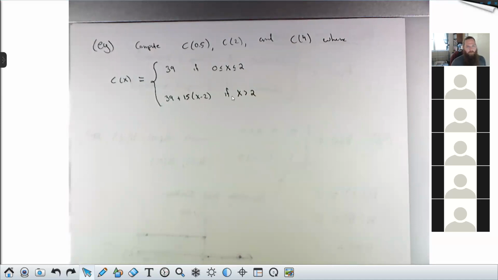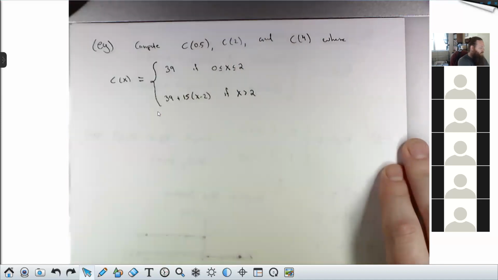Okay, so again, piecewise function. I've got the curly brace. I've got two different formulas, and then each formula has an associated collection of x values. So if I plug something in that's between 0 and 2, I use this formula. If I plug something in that's bigger than 2, I use this formula. All right, what is C of 0.5?